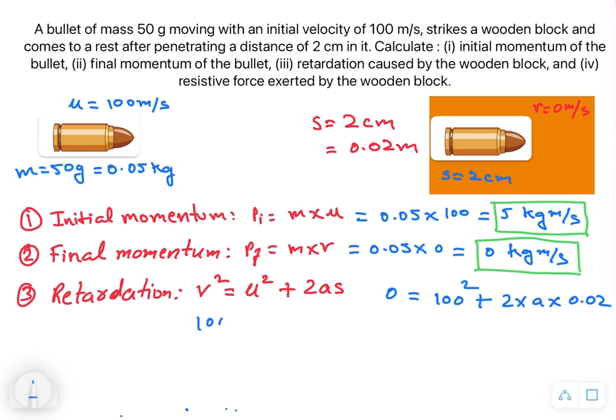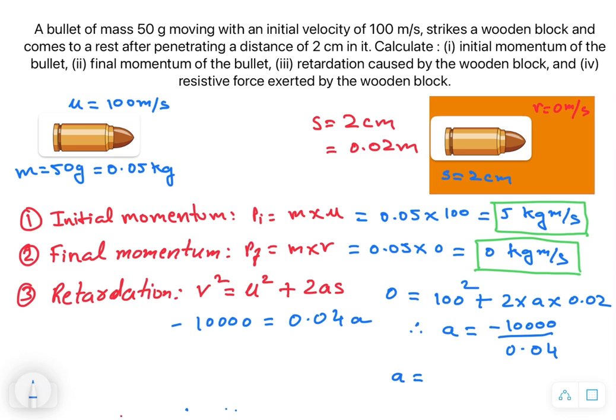So 100 square will be 10,000. 10,000 goes on one side, so it becomes minus, equal to 2 multiplied by 0.02 will be 0.04 A. Therefore, A will be equal to minus 10,000 divided by 0.04.